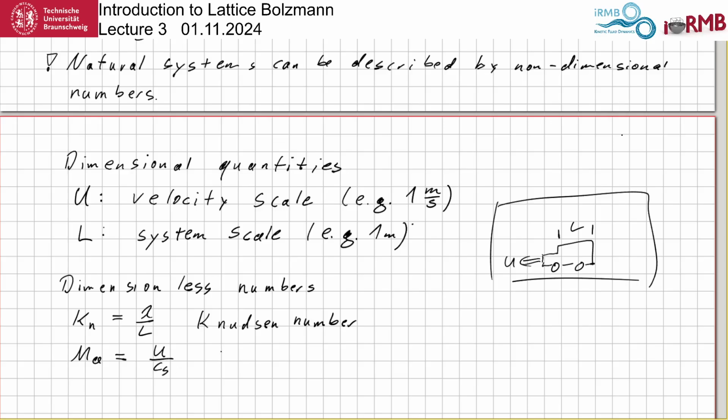Remembering that the speed of sound is the square root of the temperature, there is a relation between speed of sound and temperature, meaning that the speed of sound is not constant, which means that the Mach number is not a measure of velocity.